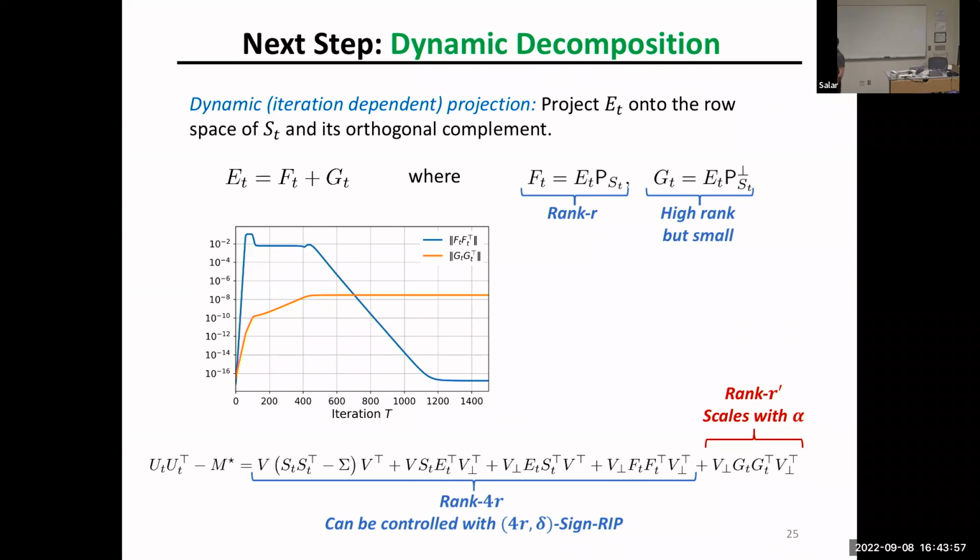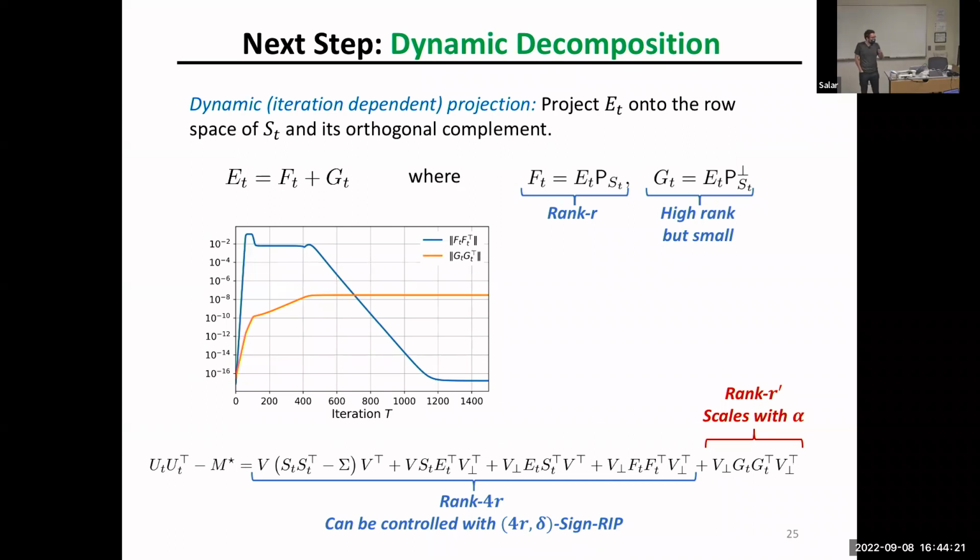So their summation has rank at most 4 times R. And that's why we need sign RIP with parameters delta and 4 times R to control these 4 terms. The last term, with some math, you can show remains in the order of alpha. That's the intuition behind the proof of this theorem.